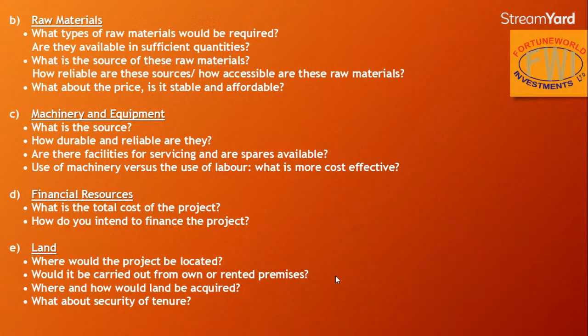Okay, that is land. I'm sure we have exhausted all the five resources. Now there are five. Maybe we go on to the next segment, which is the method of resource mobilization.